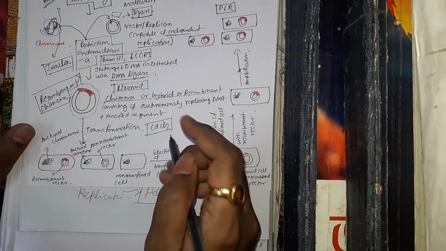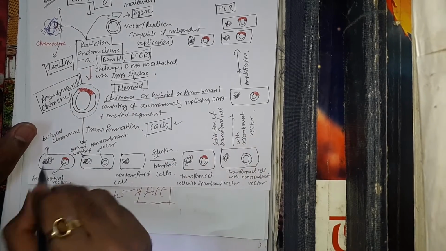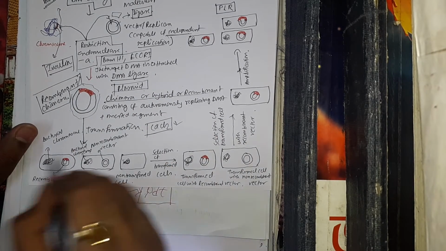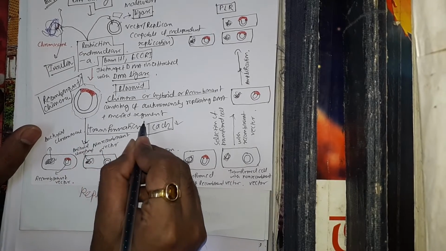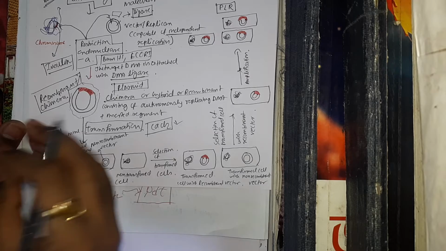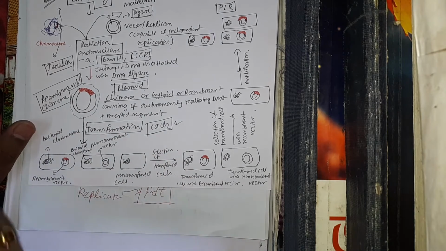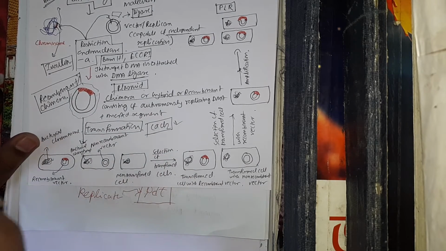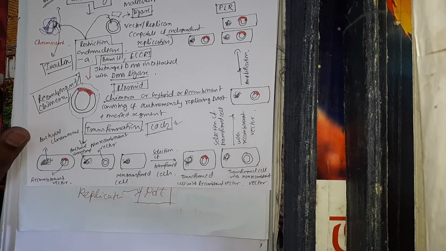Okay, so we will add calcium chloride to make them more competent, and this process is called transformation, by which we help the recombinant or chimera to enter into the host cell of our interest, in which we need to multiply or amplify our desired DNA molecule.